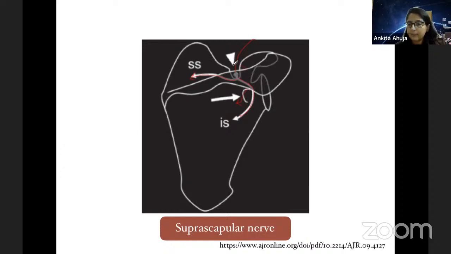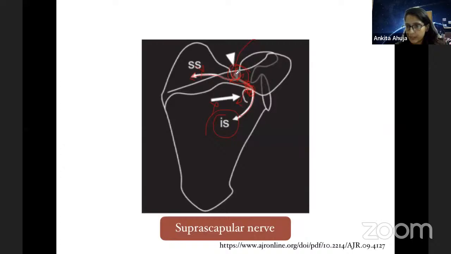So if you have any pathology in the suprascapular notch area, then you will see denervation changes in supra and infraspinatus both. But if you have anything beyond suprascapular notch, that is maybe at the level of spinoglenoid notch or in between as well, then you will see abnormality only limited to the infraspinatus muscle. I hope I am clear.